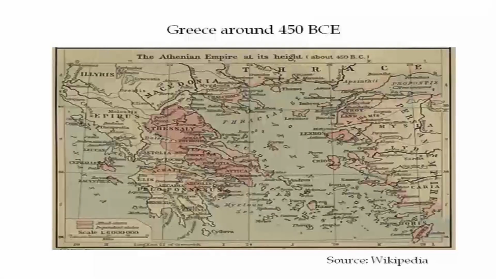Well, it was smaller than today's Greece because politically the whole of the Greek peninsula was fragmented into several small city states, known as polis, and each of these city states had their own independent political identity.